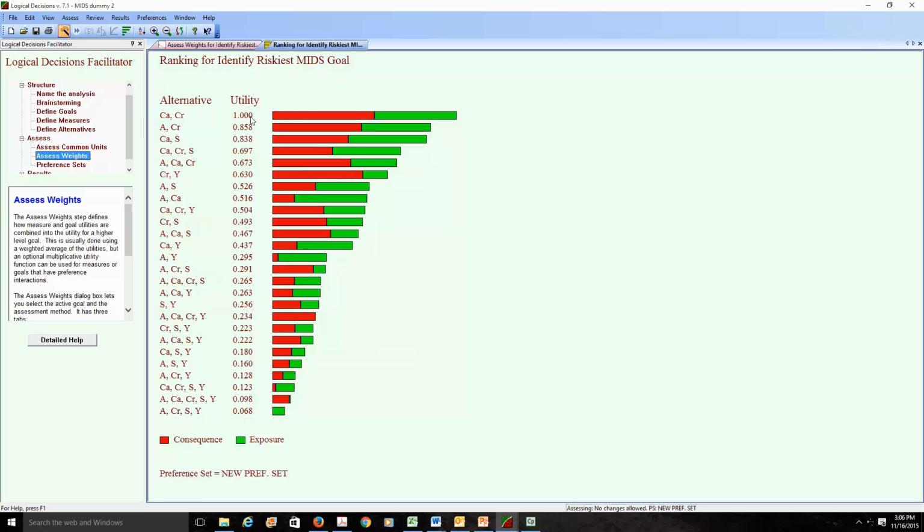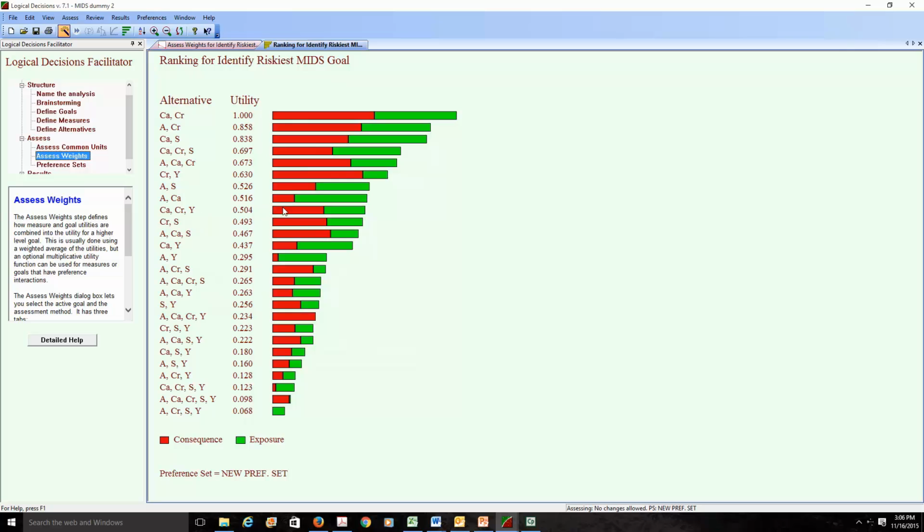This is a unitless utility value between 0 and 1, 1 being the highest risk, 0 being the lowest. And you can see it divides this risk measure up into 2 pieces. So we get an idea of how much consequence and how much exposure played a role in determining this.